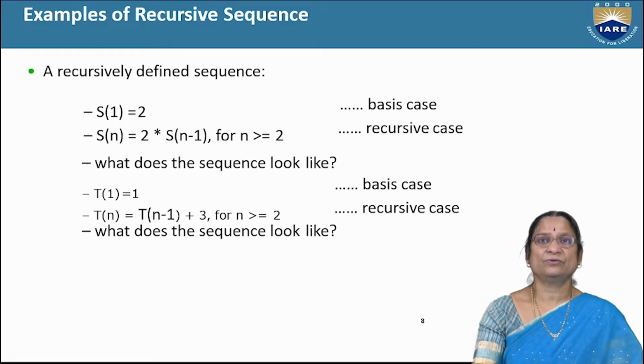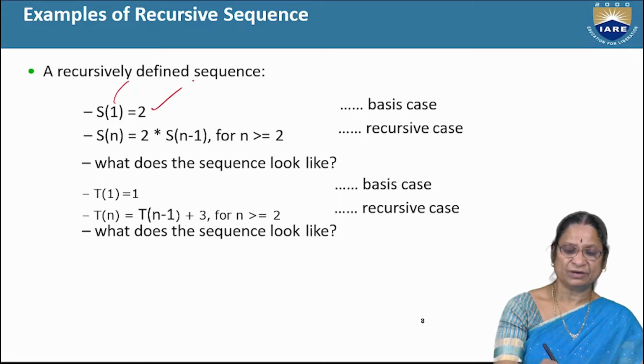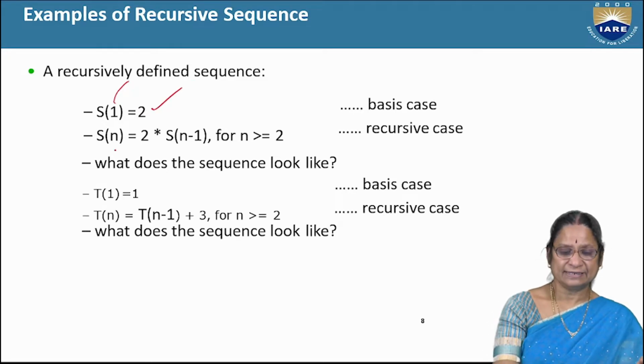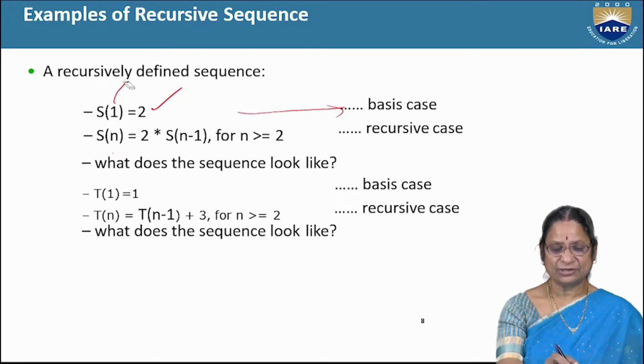For example, observe S(1) = 2. That means if the value of n is equal to 1, it is defined as 2. And S(n) for all other n is the recursive case; this is the base case. If n is 1, the function returns the value 2.